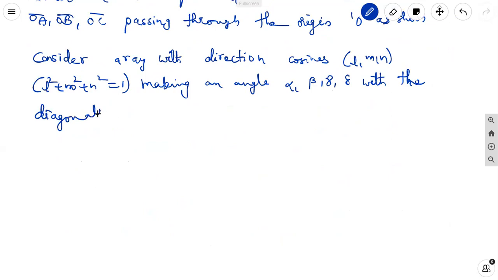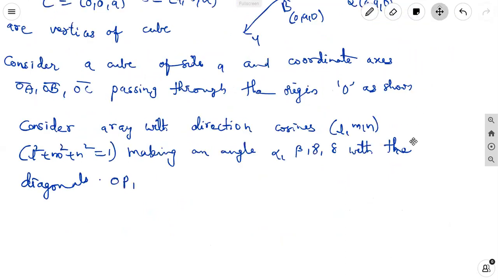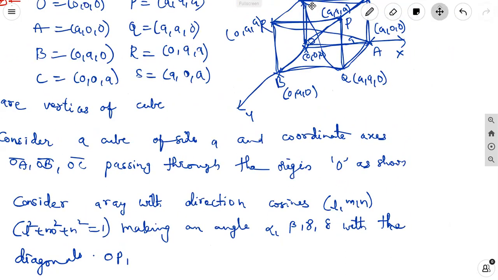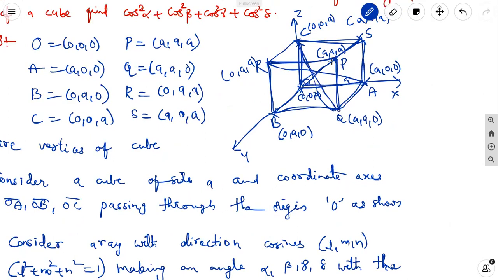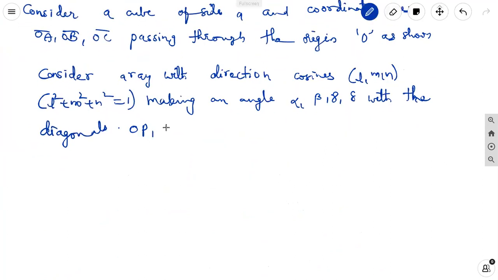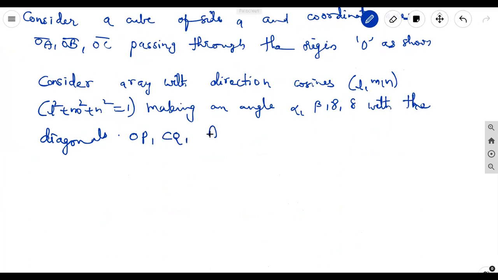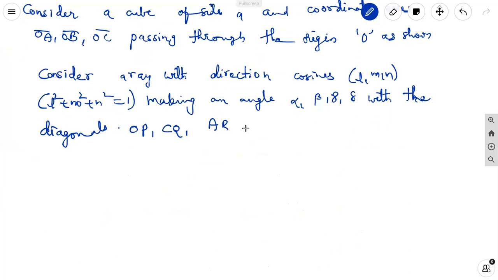Those four diagonals are OP, CQ, AR, and BS respectively.